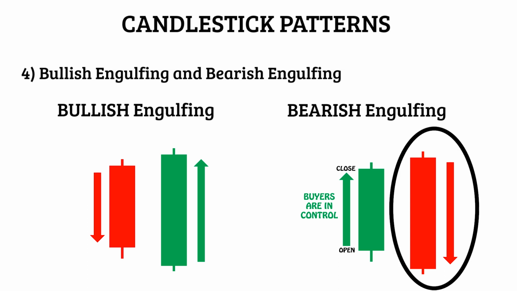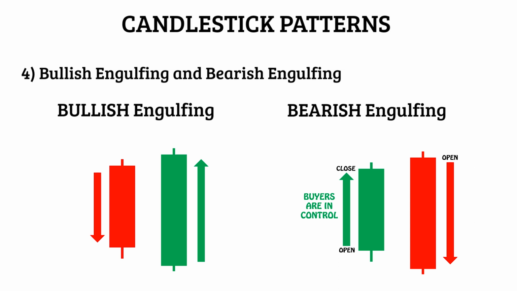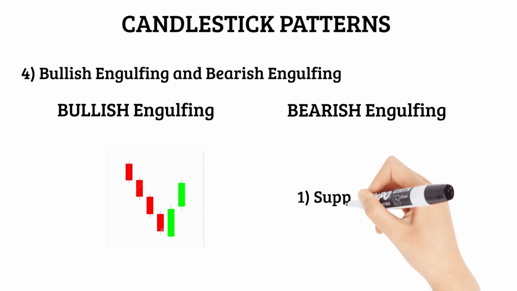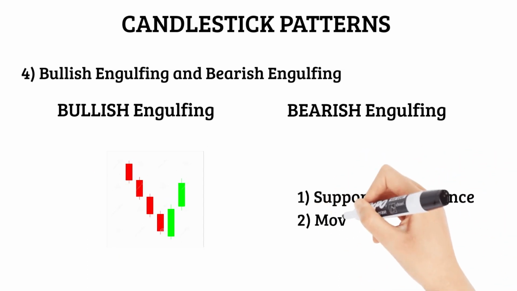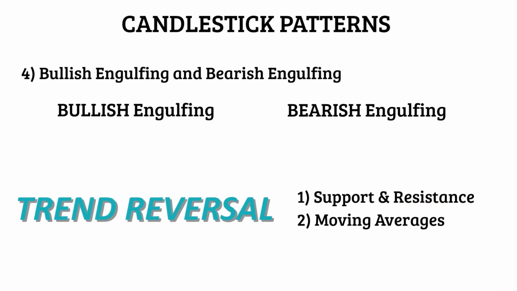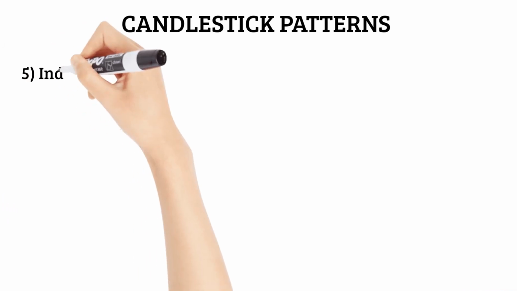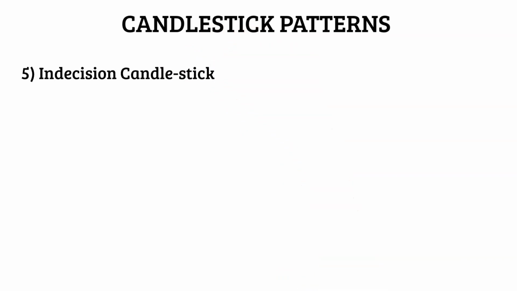But on the second candle, the sellers stepped in and price closes below the previous candle's low, which tells you that there are more sellers than buyers present in the current market. The set of these two candles appearing at support and resistance level or near the moving average line gives higher probability of trend reversal.